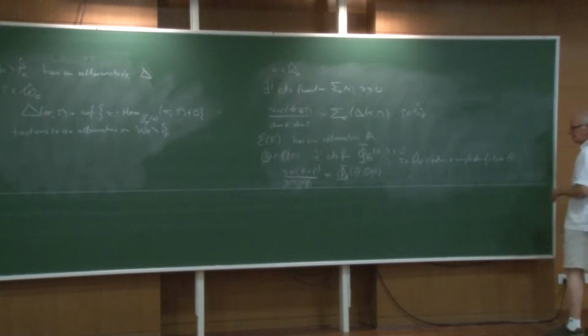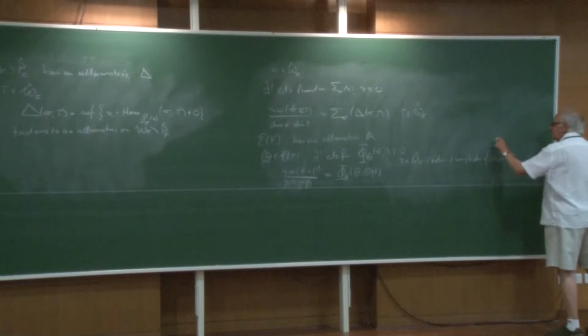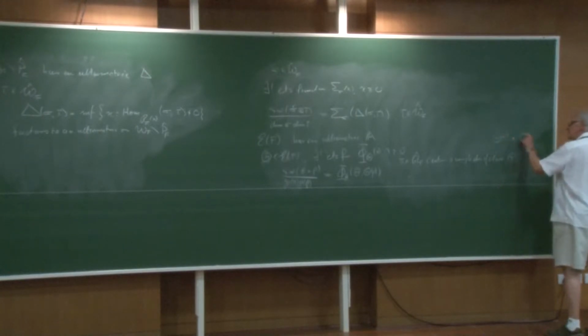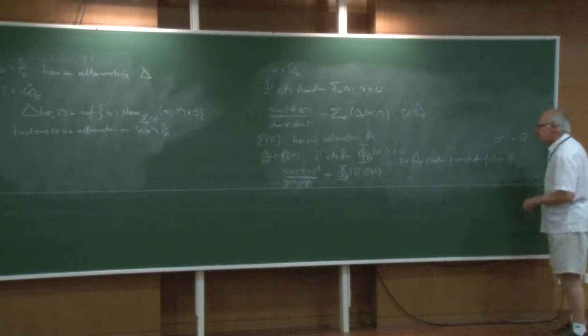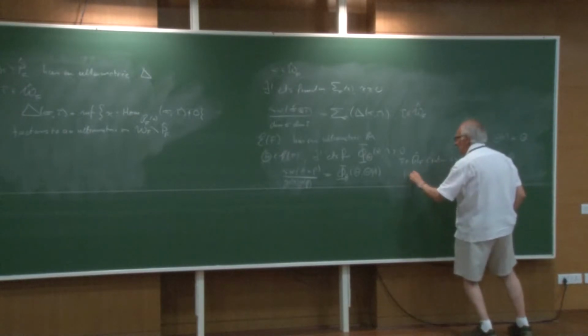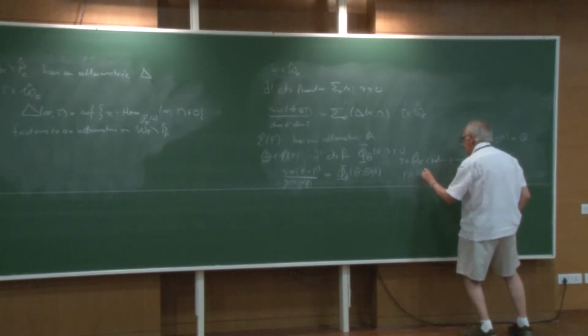I use the notation that theta of pi is theta, and rho can be any old element of GLF hat.